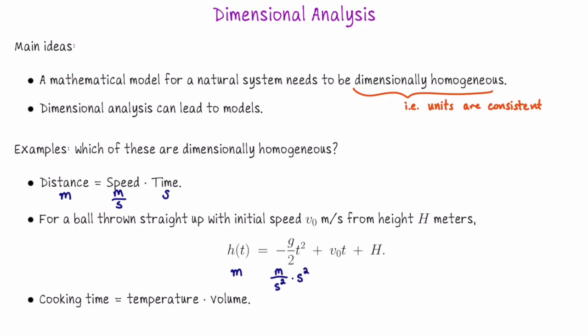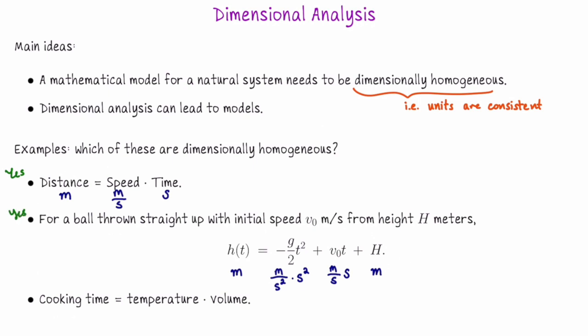Okay, that looks good because that would cancel out and give us meters. The second term is the initial velocity, so that's meters per second, and then times time in seconds. So again, that cancels out and leaves us with meters, and then the initial height h was also meters. So all four pieces of this equation have a unit of meters, so this is also dimensionally homogeneous. So we get yes and yes.